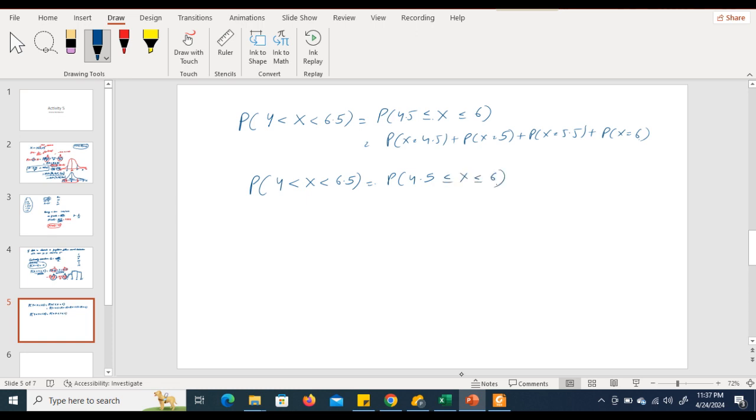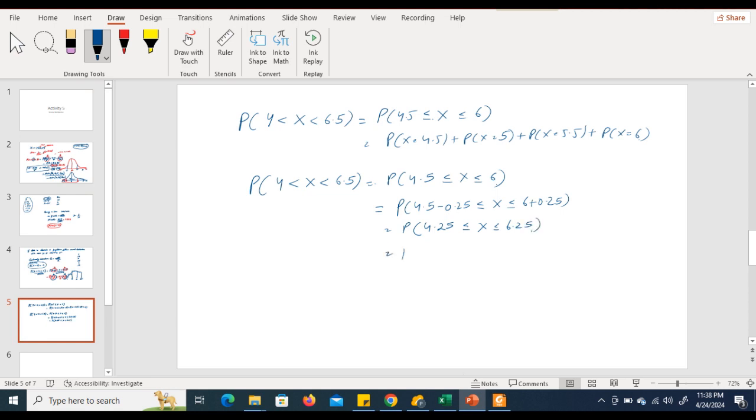Firstly we convert the inequality into equality, and then we add a continuity correction. What is the continuity correction? We subtract 0.25 from the left limit, 4.5 minus 0.25, and add 0.25 to the right limit, so that the data is converted into continuous form. So it is 4.25 to 6.25.